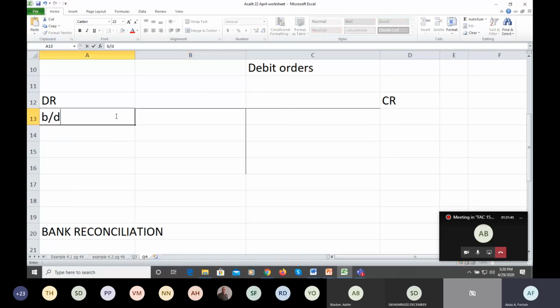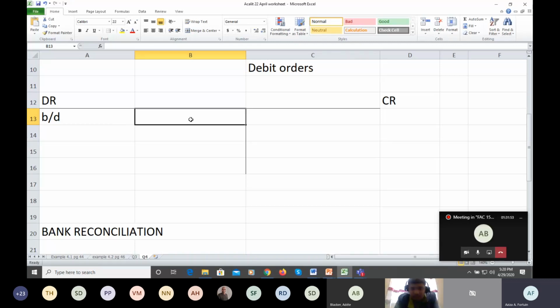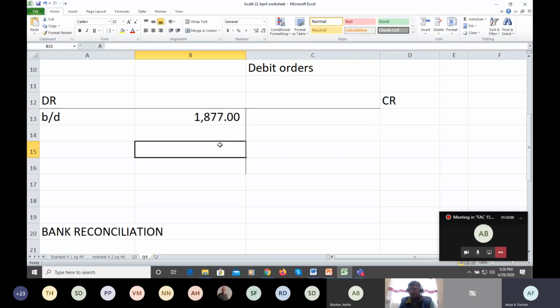Favorable we know is on the debit side, because here's a plus and there's a minus, or money coming in is favorable. So because they said to us there was a favorable balance of 1877, we go and put it in there.